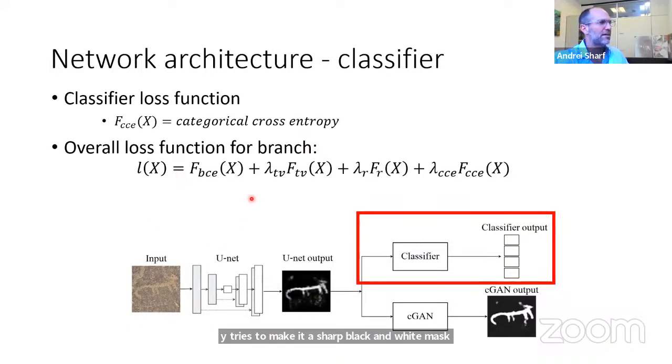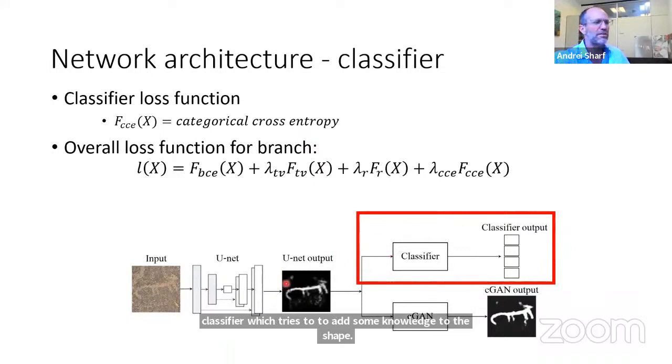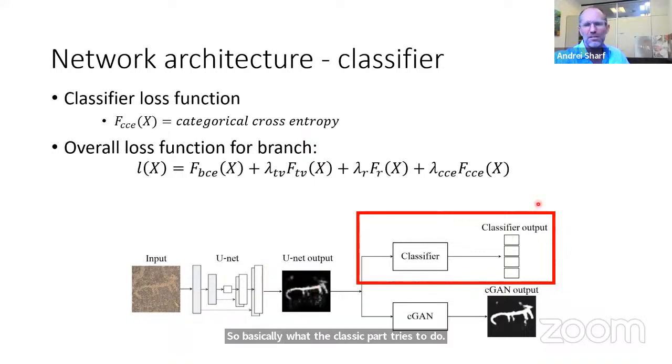The second part is a classifier, which also tries to add some knowledge to the shape. So basically, what the classifier tries to do is say, I want a good enough mask so that I can say what class it belongs to. So in a way, it tries to boost the prediction of the foreground background segmentation into known shapes.